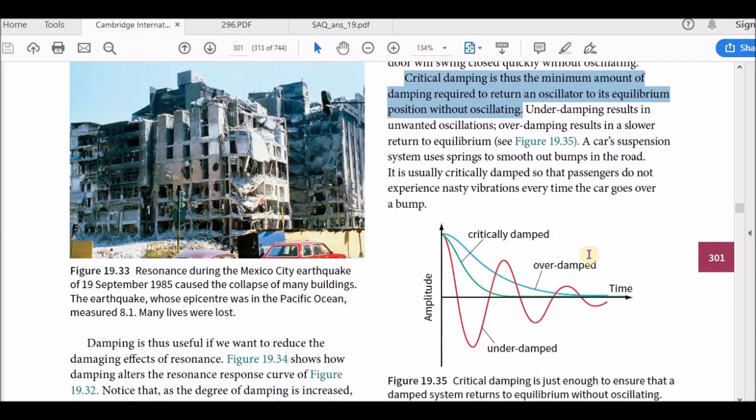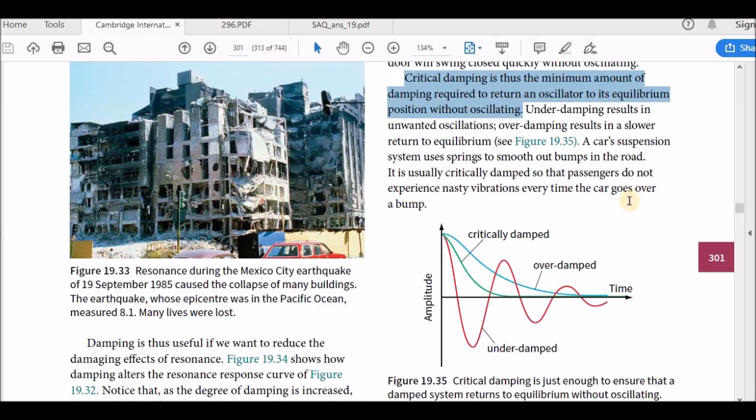Similarly, you can use this graph for the example of a vehicle, let's say a double cab. Okay, you know, if you consider a SUV, if it is underdamped, what will happen is once the SUV goes over a pothole, it will go up and down for a long time until it comes to the normal horizontal position.